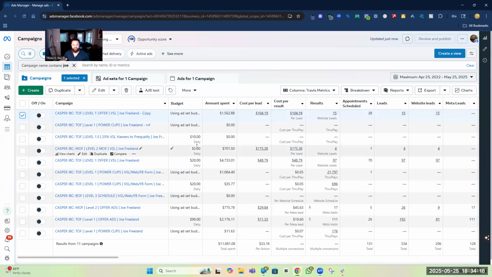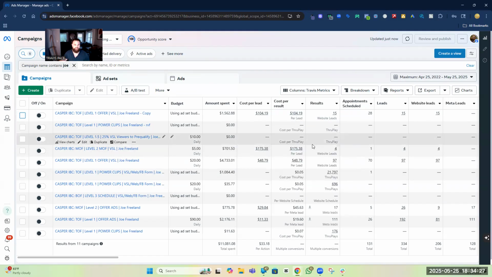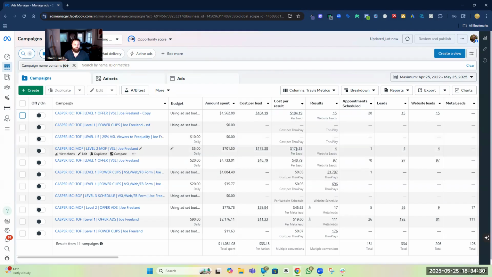And this is just a very quick way of how we were able to lower our cost per lead, right? So you can see some of our costs per leads were really high.